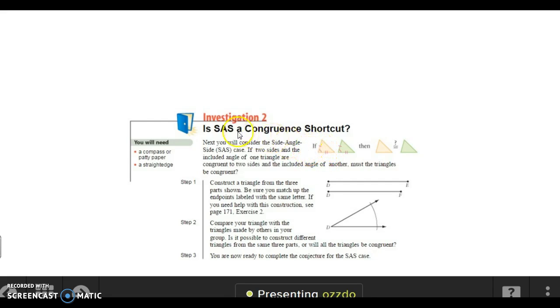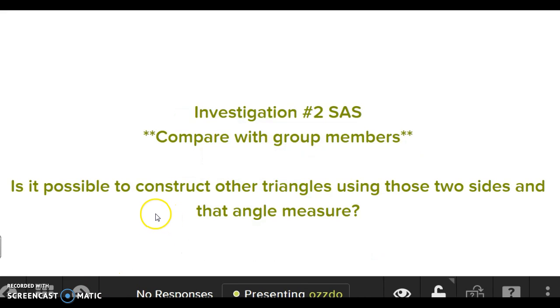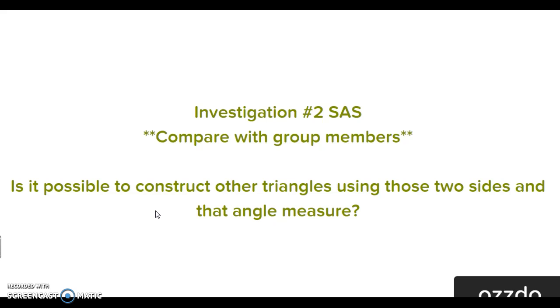Okay, so for this example, notice side, angle, and side. So the angle is in between the congruent sides that we know. Okay, so will the triangles be congruent? Take a minute and then compare with your group members. Did you all get the exact same triangle, or did you get different triangles?